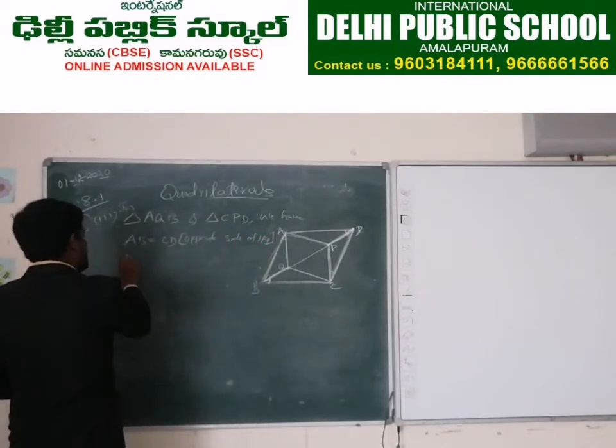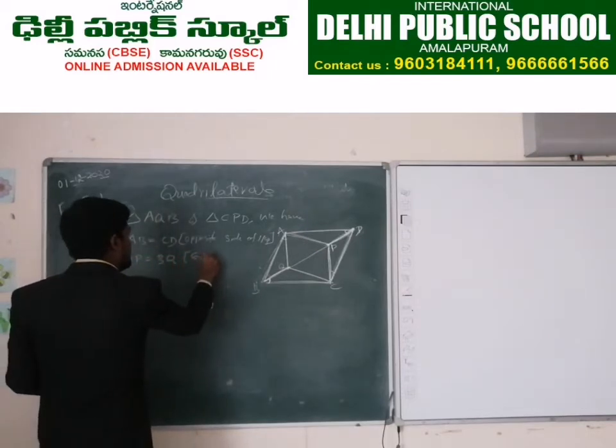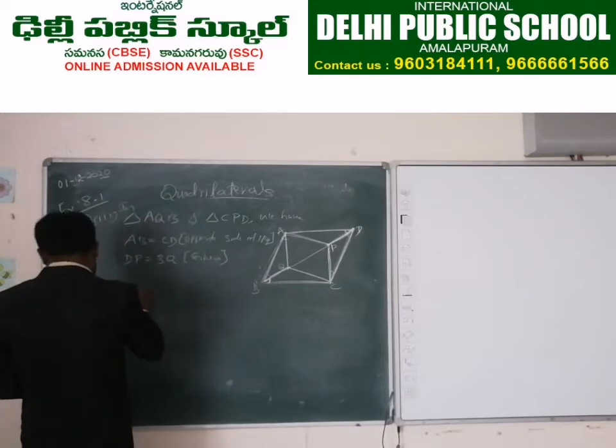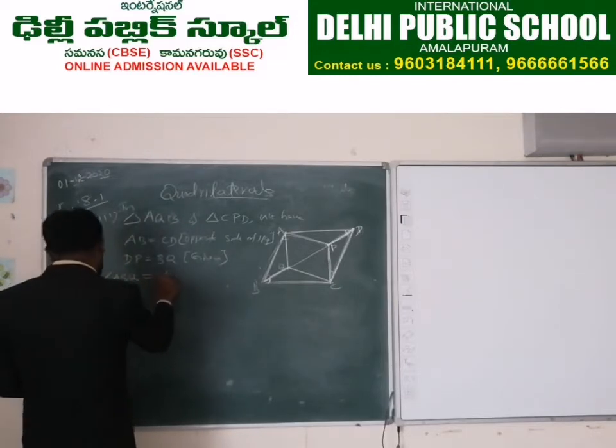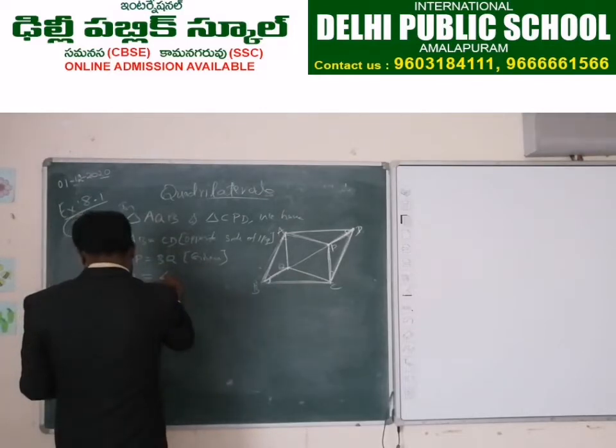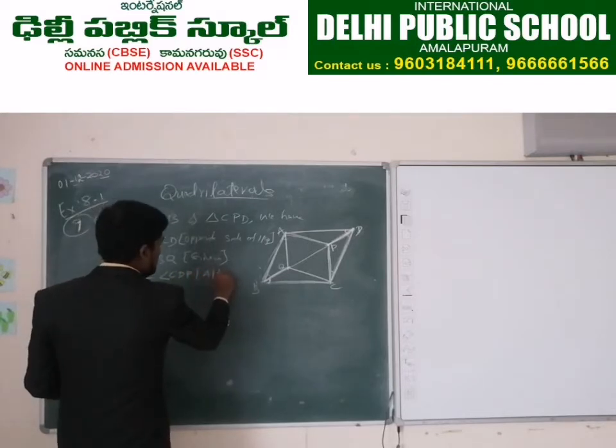Next is DP is equal to BQ, it's given. Next, angle ABQ is equal to angle CDP, alternate angles.